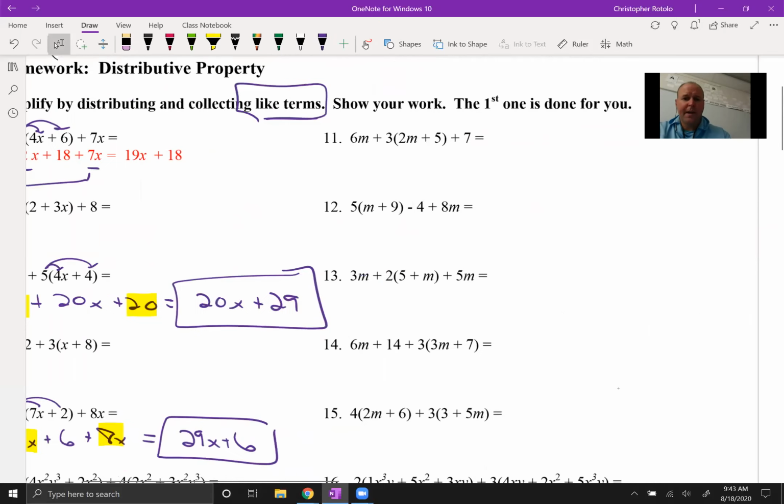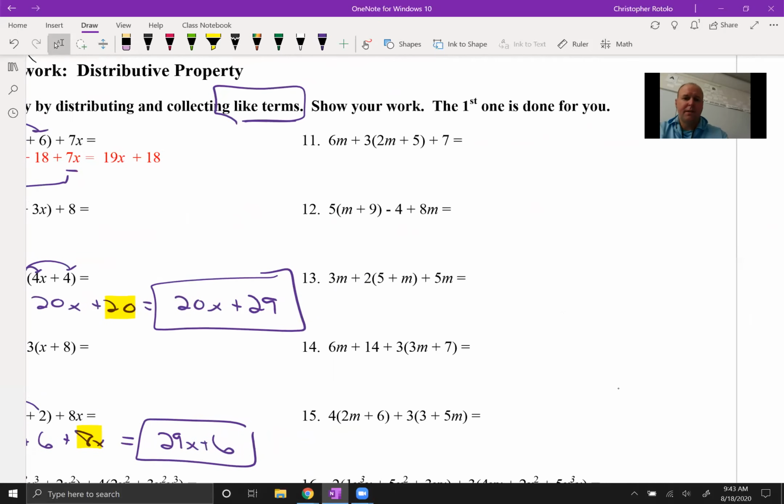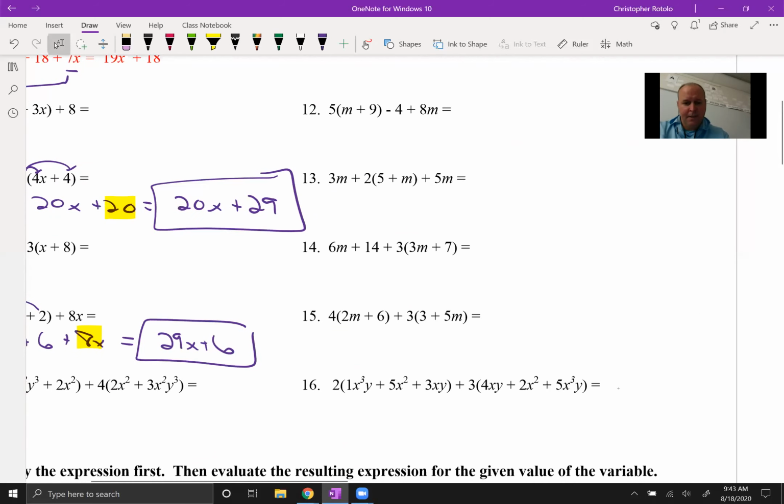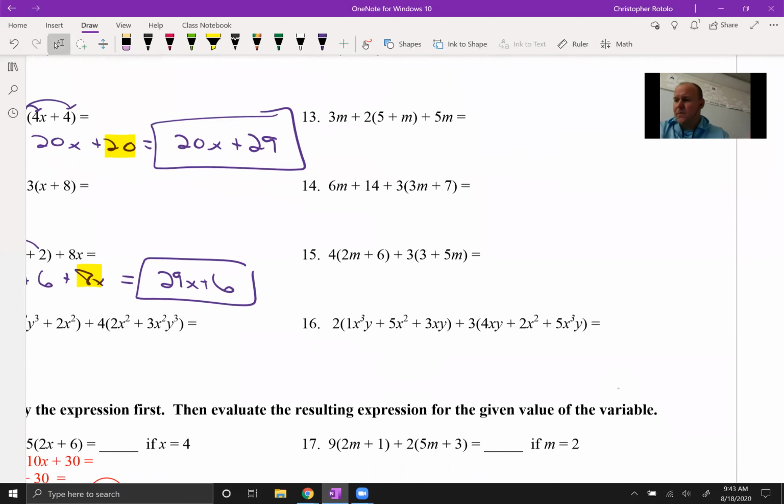Let's take a look. Where might I have one of these big boys over here? All right, number 15. It looks like we have multiple steps here. So I want to distribute 8m plus 24 and distribute. I can do both of these multiplications at the same time.